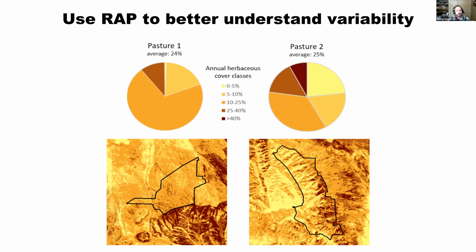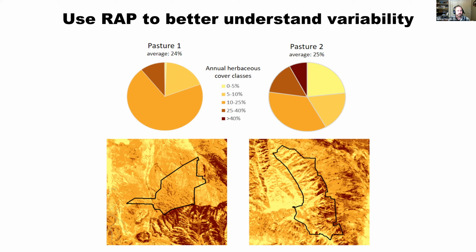So the first example, or one of the use cases I want to share with you here, is just how RAP can help you better understand the inherent variability of rangelands. Take, for example, these two pastures. They both have about the same cover of annual herbaceous plants, right?